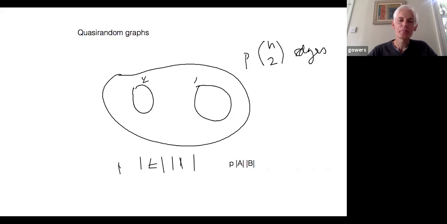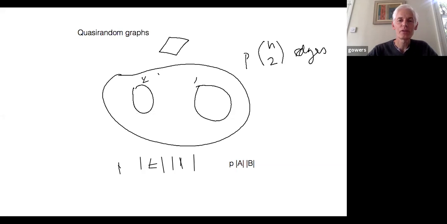Now, having P, that result for triangles doesn't guarantee, so if you've got roughly P cubed n choose 3 triangles, that doesn't force the graph to look random-like. But it turns out that if you've got roughly P to the 4th, n to the 4th 4-cycles, so a 4-cycle looks like this.